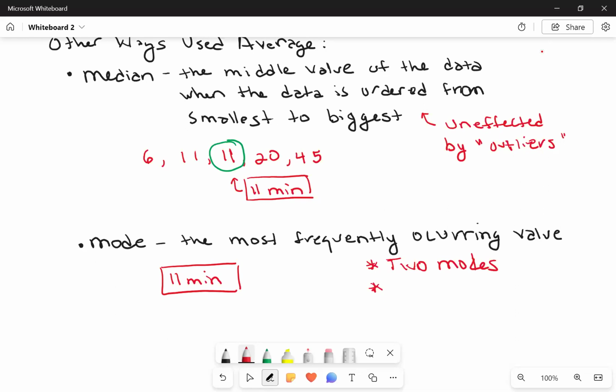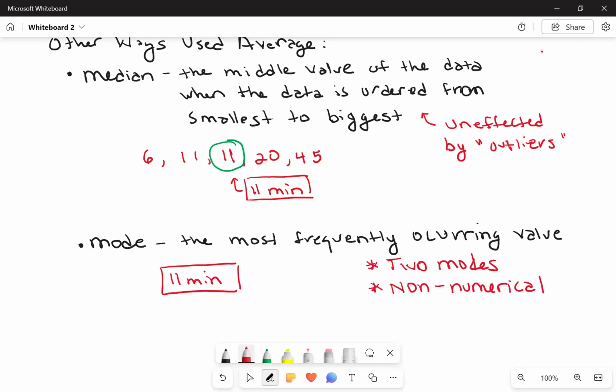Brown, blonde, red, gray, depending on who you're talking to. So it's really good for what we call non-numerical data, data that isn't a number. That's where it's most powerful.